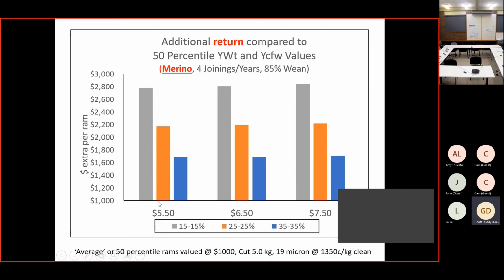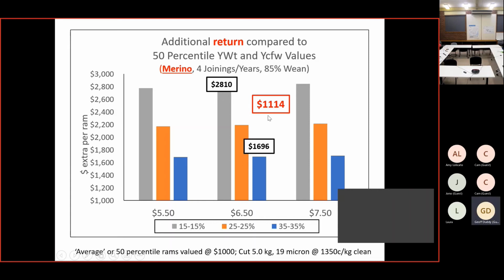These grey bars are rams that are in the top 15% on the percentile tables for yearling weight and yearling clean fleece weight. The orange bars if they're in the top 25%, the blue bars if they're in the top 35%. We sell the progeny at $5.50, $6.50 or $7.50 a kilo. If we say, okay, the merino is going to average around $6.50 a kilo, the extra money you can actually spend on rams in the top 15% for yearling weight and clean fleece weight, there's about $1,100 difference between selecting rams from the 15% and the 35% off.